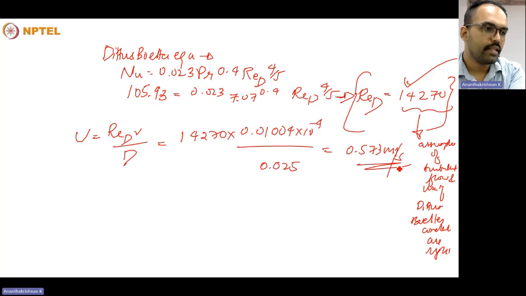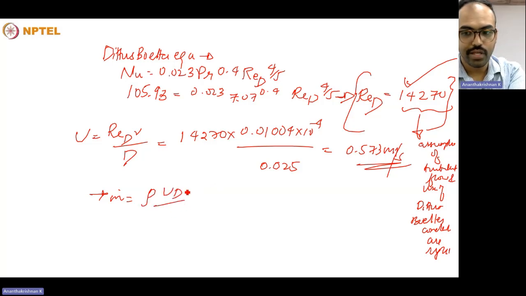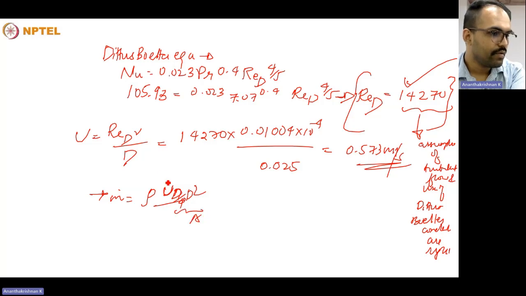So we can get the value of U, and from there we can calculate the mass flow rate, which will be equal to rho into U into pi by 4 into D squared. So basically it's the area, velocity, and density terms.